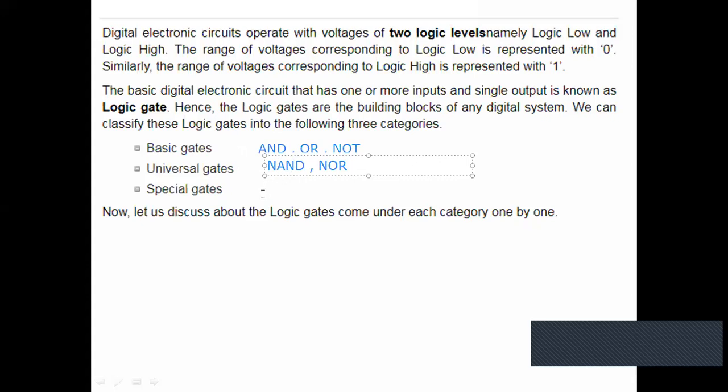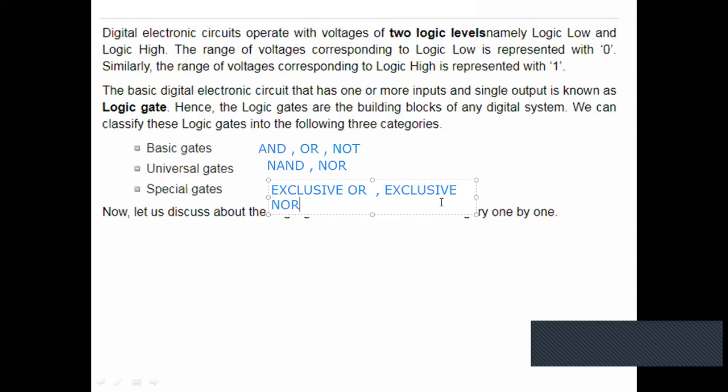Special gates are exclusive OR gate and exclusive NOR gate.